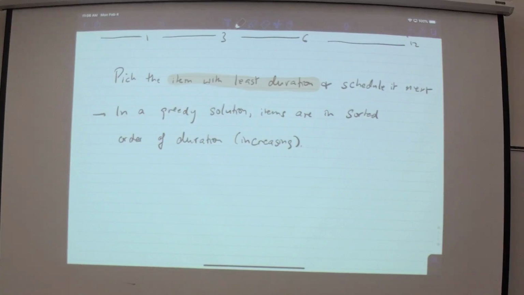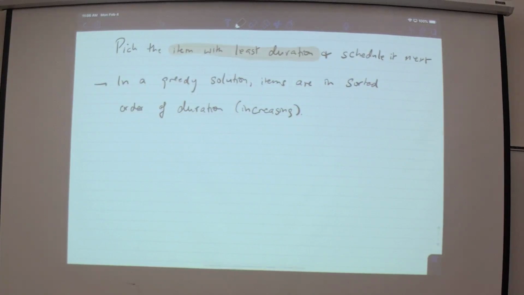So in an optimal, we know that if opt is strictly less than greedy, it must be the case that opt is not sorted, because the greedy solution was sorted.